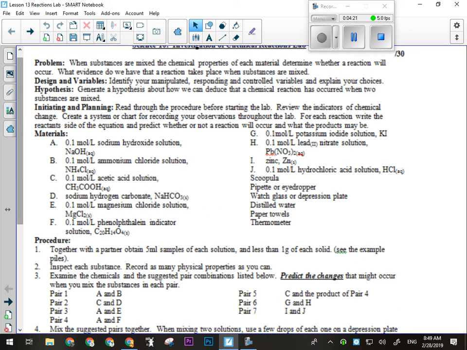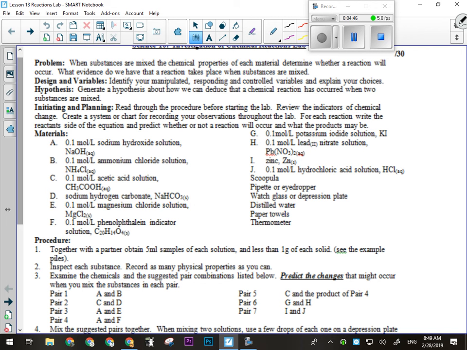Okay, for our hypothesis, what 3 words go in our hypothesis? If, and, then. So the if part deals with what happens in a chemical reaction. And I kind of talked about that a minute ago when I stated Dalton's atomic theory, point number 4, about what happens in a chemical reaction.